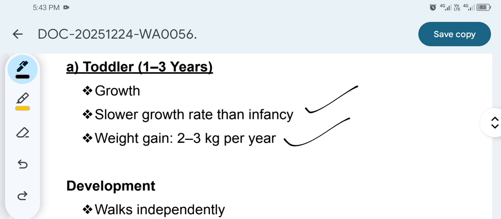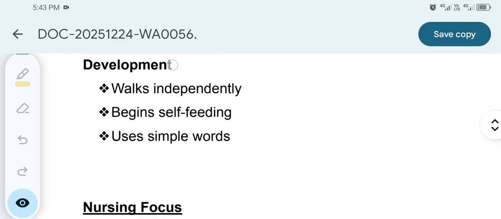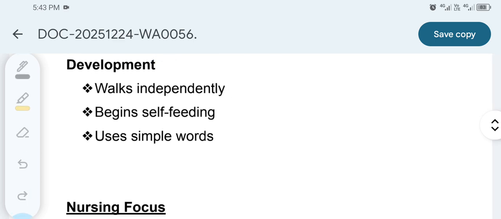Okay? And then when we look at the developmental milestones, a toddler should be someone who, because now they are 1 year. Remember, an infant who was 12 months was walking with support and able to utter 1 or 2 words. But this person now, a toddler, should be able to walk independently. Okay? That's why these toddlers are very dangerous.